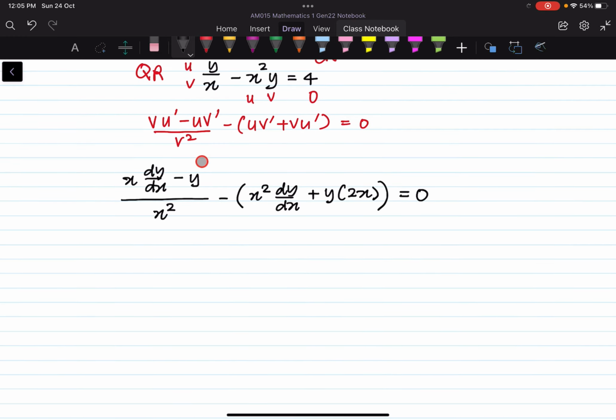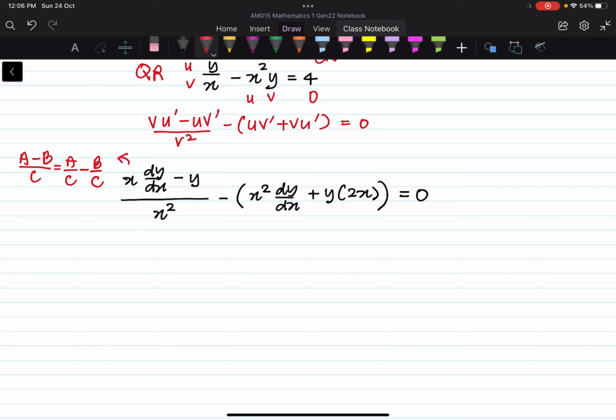So now let us simplify this. There's a lot of ways of doing this. Either you equalize the denominator, or you may simplify it like this. If we have a minus b over c, we can split it into a over c minus b over c.